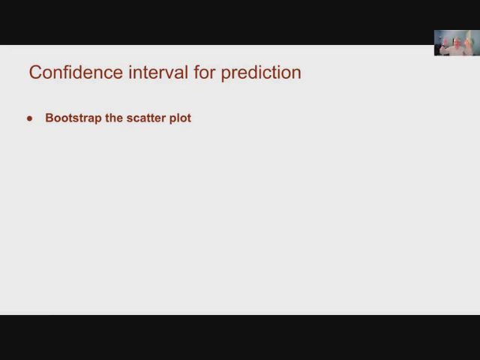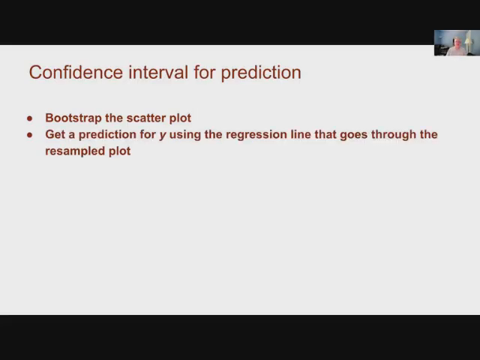If you think about it, what is the scatter plot that we have? The scatter plot that we have is a sample from a population. If that sample is large enough, it should be representative of the larger population. And so we can actually bootstrap the scatter plot. What that means is we're going to resample our table with replacement.